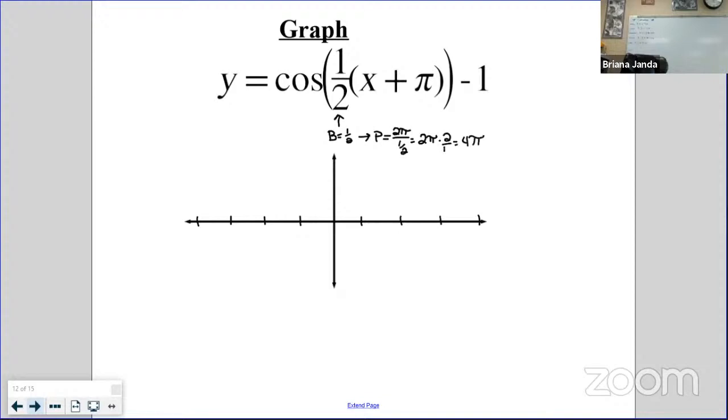So it becomes 2 pi times 2/1, or 4 pi. I do have a vertical shift of down 1 with an amplitude of 1. And so I would draw my midline down 1 to start with.